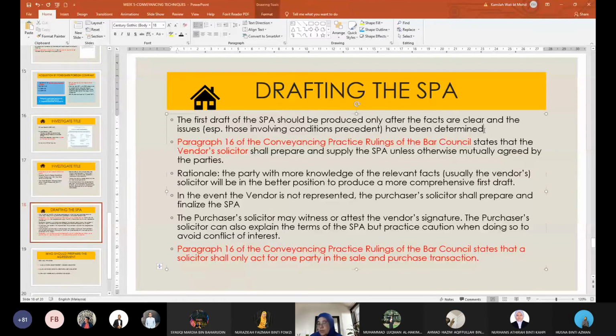So for example, in more complicated cases, the seller wants to sell the land but there are condition precedents that they must fulfill. For example, upon settlement of debt, or subject to transfer of shares. There are condition precedents that sometimes are involved in the sale and purchase transaction.